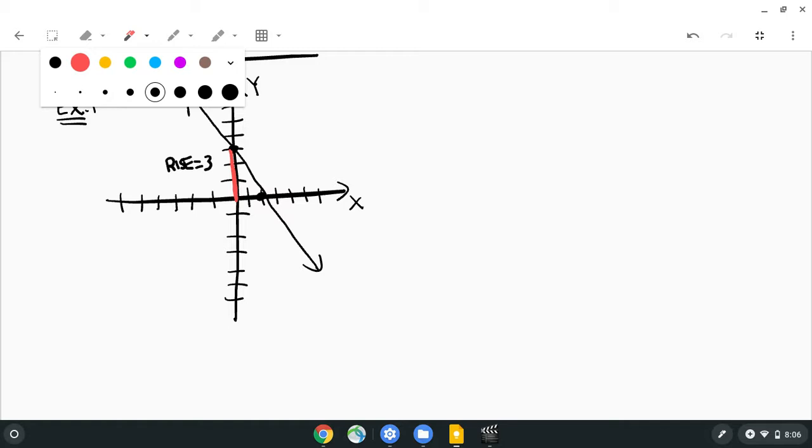And then the run is this distance here. If you count that, that's 1, 2. So the run would equal 2.